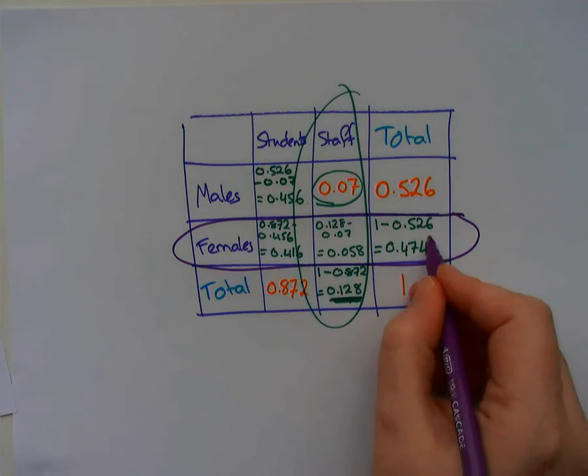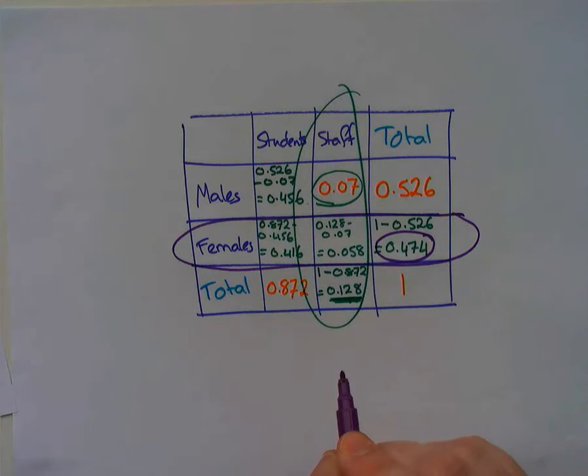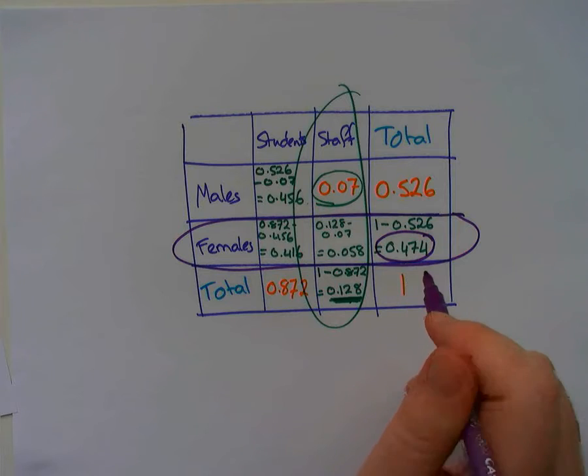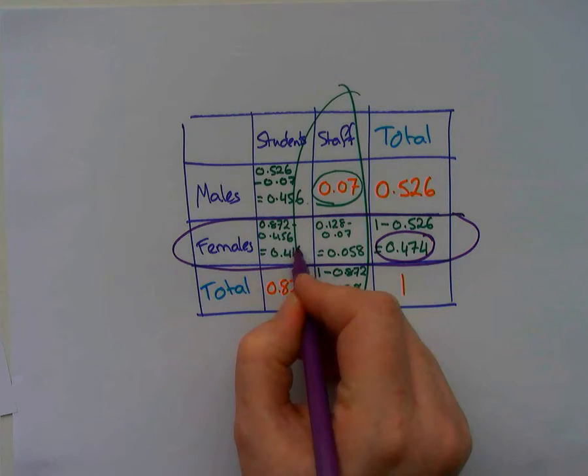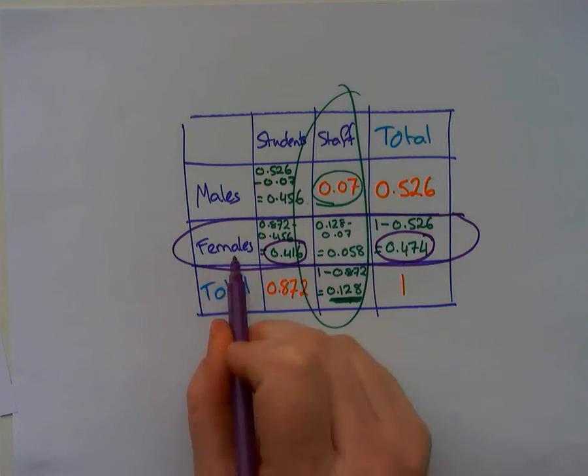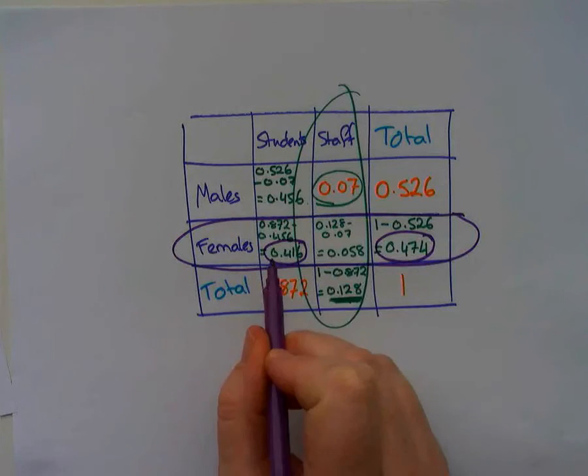I know that 47.4% of the people at the school are females, and the proportion that are students, here we go, 0.416, that's the proportion of people in the school that are female students.